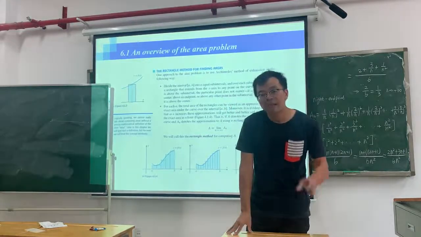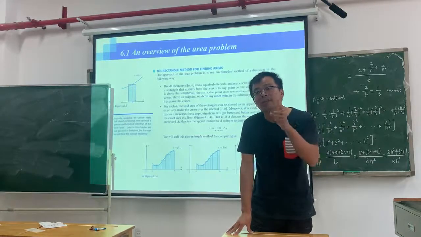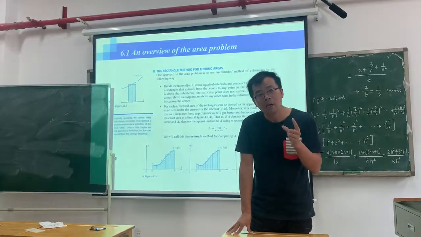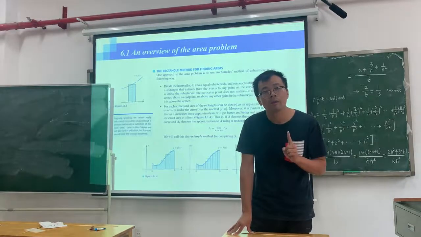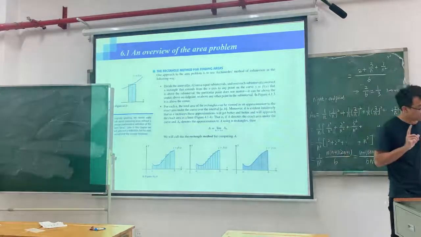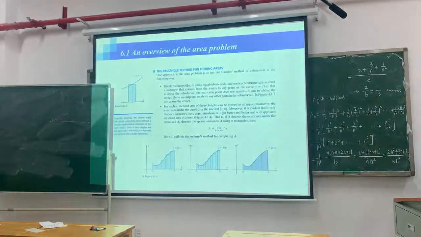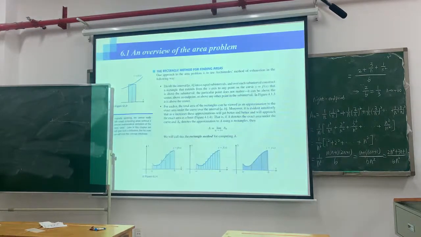You take the left, okay, you take the right, okay, you take the center, or you take any point in the sub-interval, it is okay. So this is the first method to find the area.